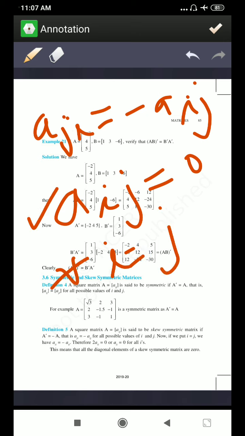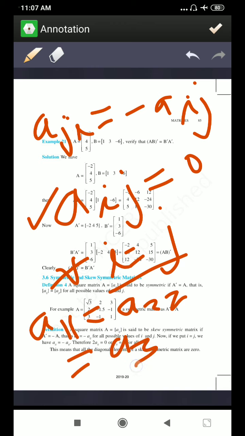Aij is 0 for all the values i equal to j means diagonal elements. Only for diagonal elements i equal to j, your diagonal elements A11, A22 and A33 etc. will be 0. These are the diagonal elements. So in a skew symmetric matrix, always diagonal elements are 0. And in skew symmetric matrix, your Aji is negative of Aij.